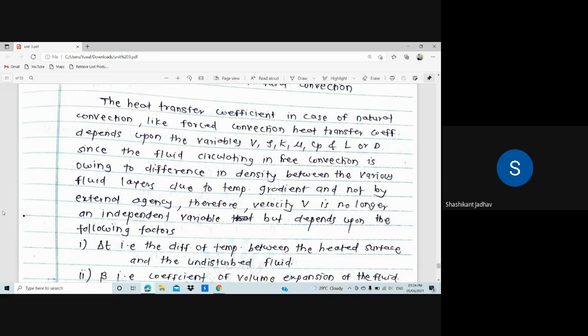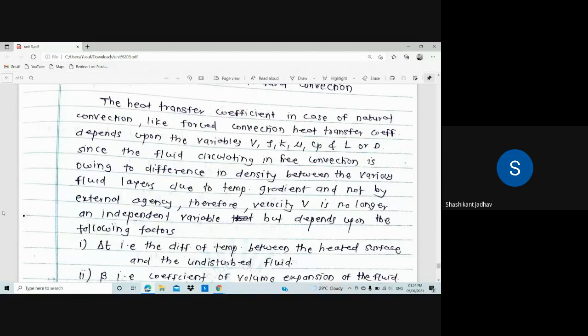Density between the various fluid layers due to temperature gradient and not by external agency.